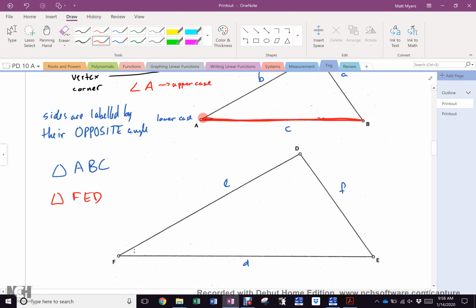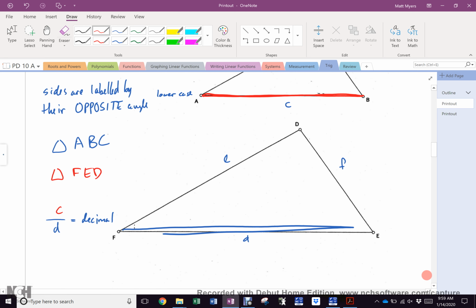What is the corresponding side on the bottom triangle? Side D. Now, if I take C and I divide it by D, I will get a decimal. Everybody cool? That decimal will be the same as if I did A divided by F or B divided by E. Always. That's how triangles work.